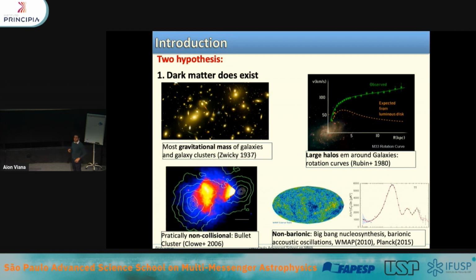This we can also see from the collisions of clusters, where we can see the detachment of what we call the gravitational mass, which is basically seen with the gravitational lenses in radio, and the gas, so the visible mass.